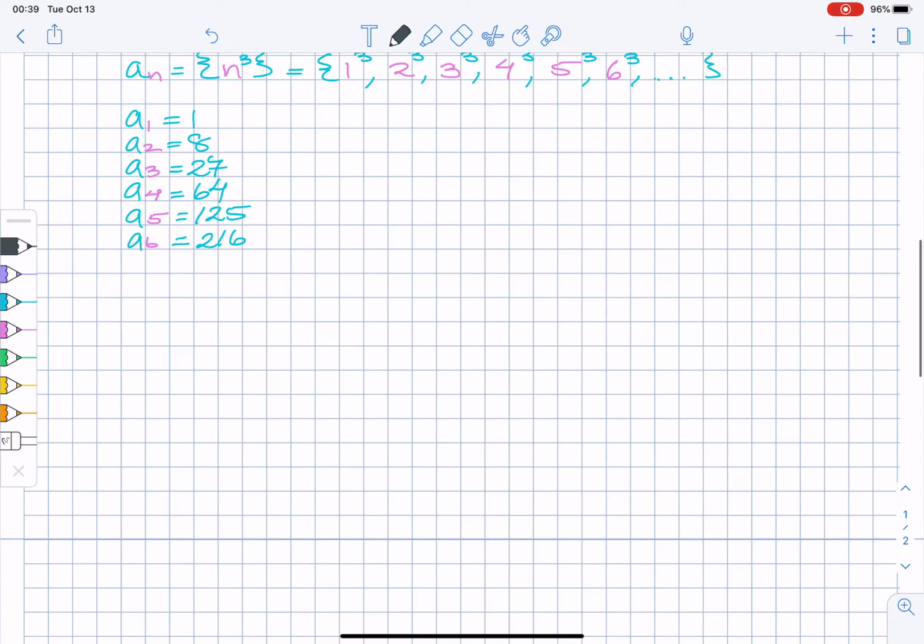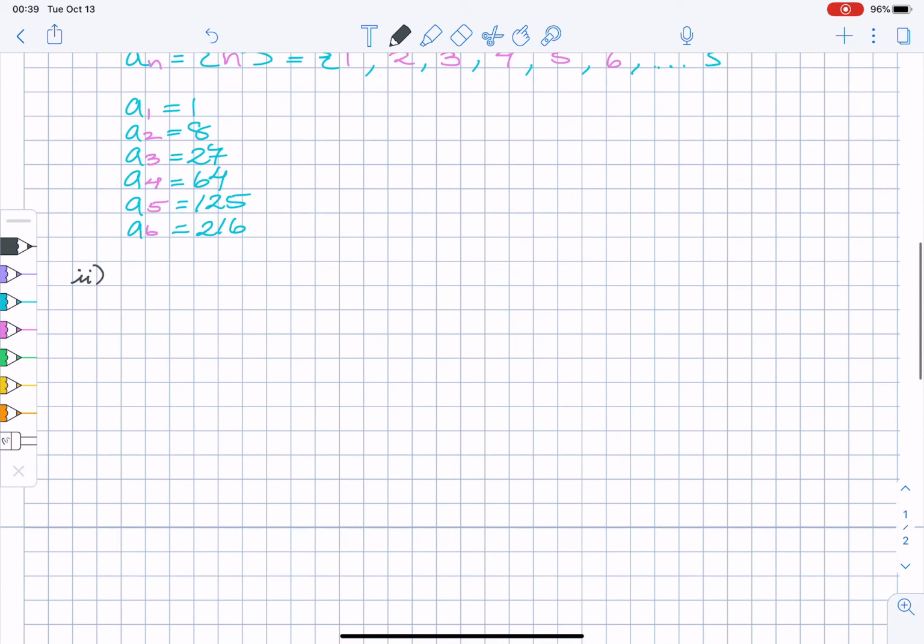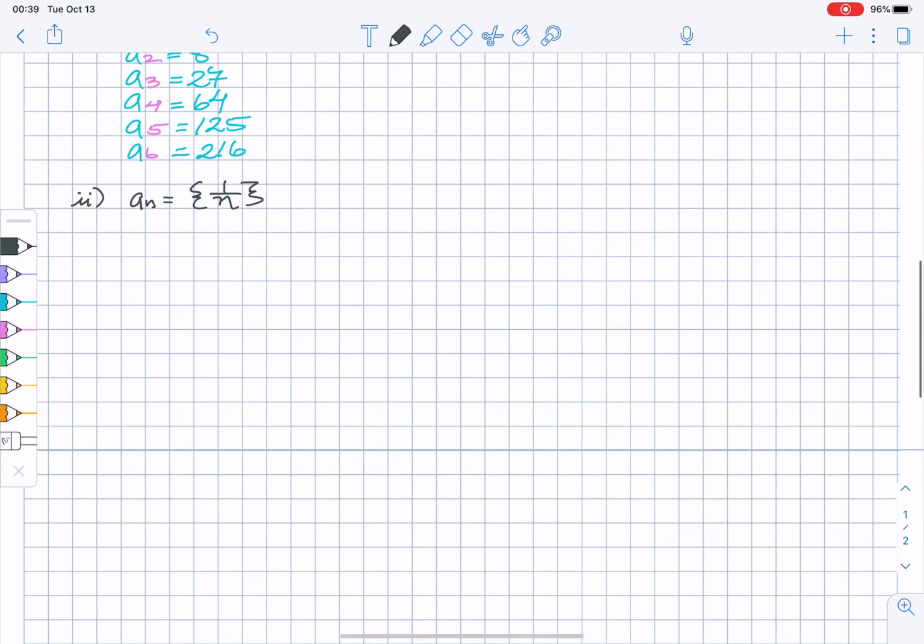Okay, let's do another one. So number 2. So now let's define a sub n as 1 over n, shall we? Okay, so a sub n will be 1 over n. So notice I'm highlighting the counting numbers here.